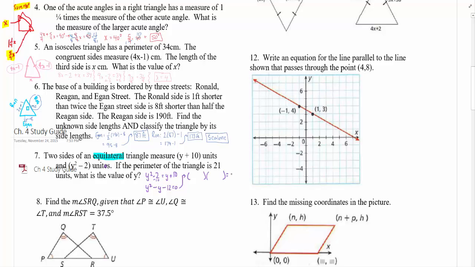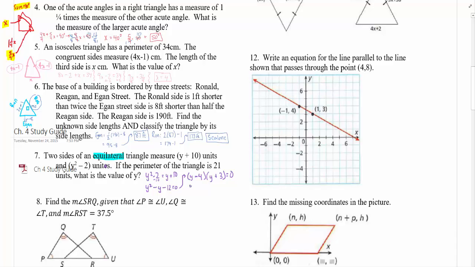Here you're going to ask yourself, what gives me y squared? Well, y and y does. And what multiplies to give me 12 but adds and subtracts to give me negative 1? Well, that's going to be 4 and 3. And if you want a negative 1, you have to have a minus 4 plus 3. Negative 4 plus 3 is negative 1. So these are your factors.